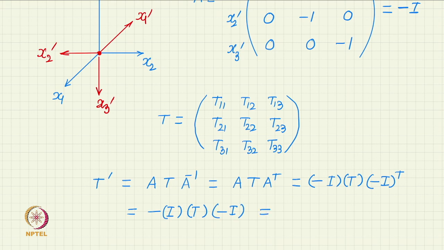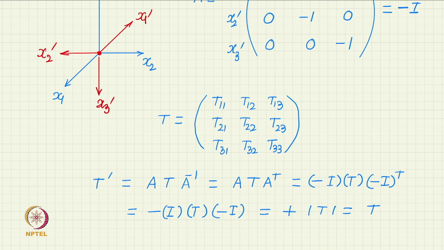So, you can see that this becomes plus I T I or plus T, because the identity matrix does not change the matrix to which it is being multiplied. So, T prime turns out to be exactly the same as T under this coordinate transformation.